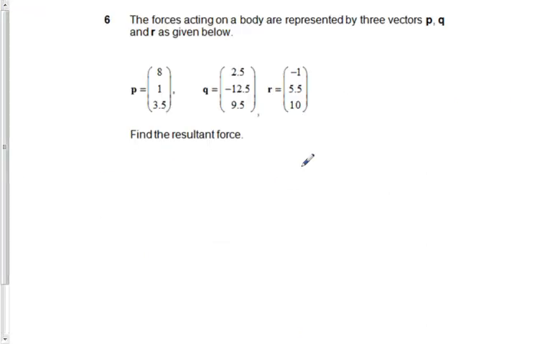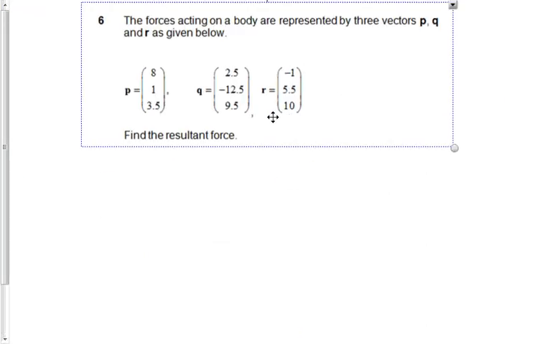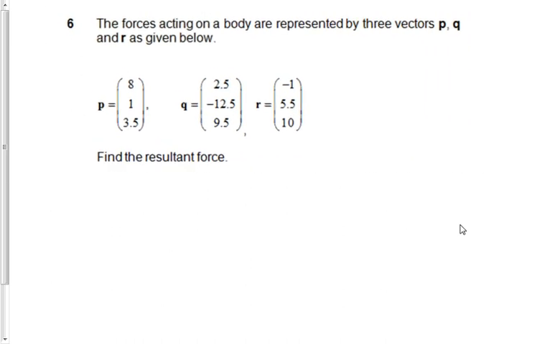Question 6. The forces acting on a body are represented by 3 vectors, P, Q, and R. P is (8, 1, 3.5), Q is (2.5, -12.5, 9.5), and R is (-1, 5.5, 10). Find the resultant force.